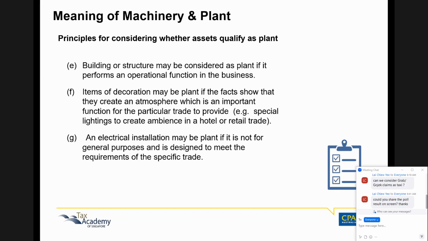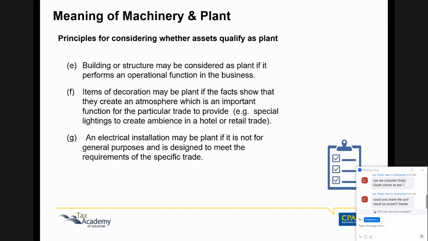There was this case law on whether that silo, that round structure, is a plant which you can claim CA on, or is it just a place for you to store your grain, which is part of the business premise, so you cannot claim CA. For that case, they looked at whether the silo performs any other functions.